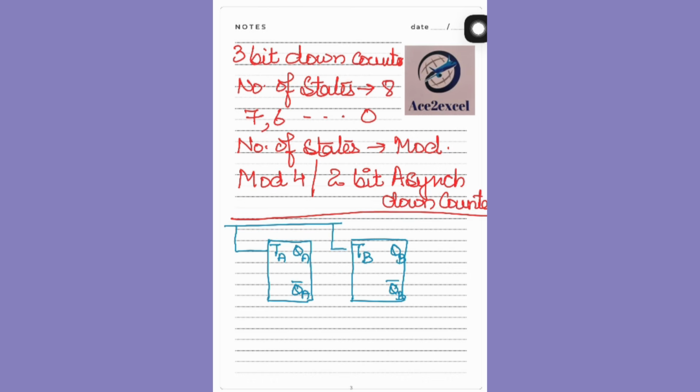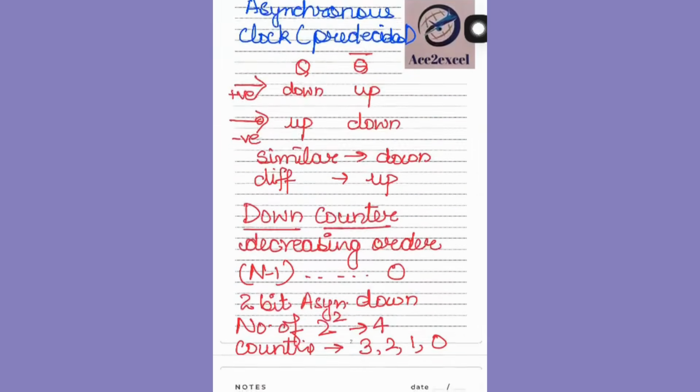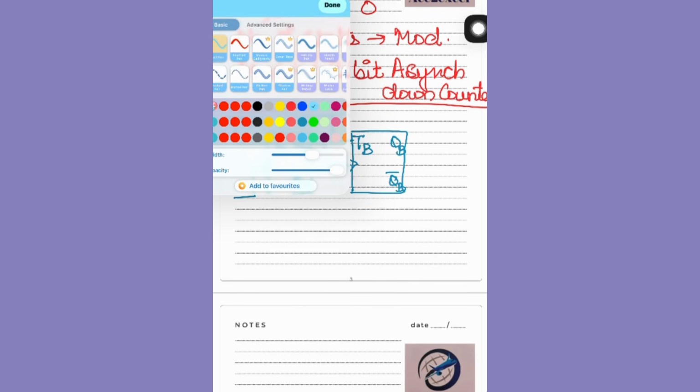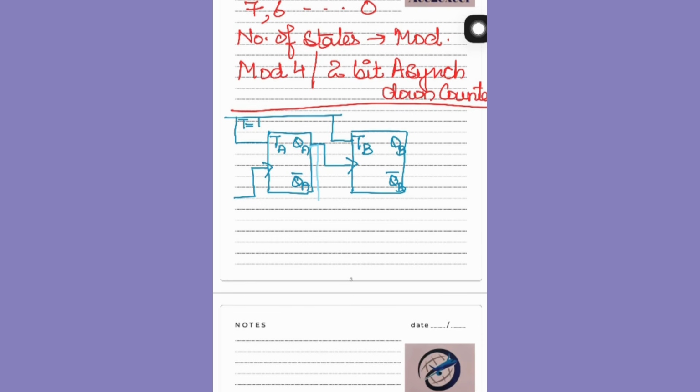T flip-flop works when T is equal to 1. It will toggle. So we will be using this. Now for down counter, as we have talked about in our table, we will be using positive clock. So I am making a positive clock pulse. Asynchronous means output of one is input or clock to the other. There will be 2 bits as output, QA, QB. QB is MSB and QA is LSB.